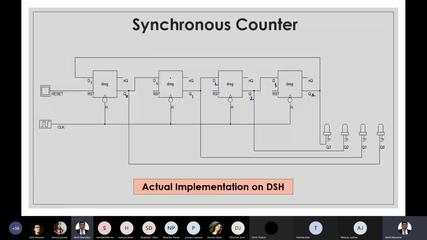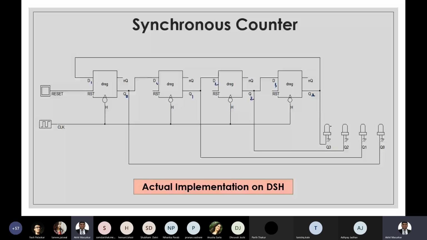Those connections are absolutely the same as per our K-map. The only thing is the reset is given only to the first flip-flop. Then only we will get the sequence here.